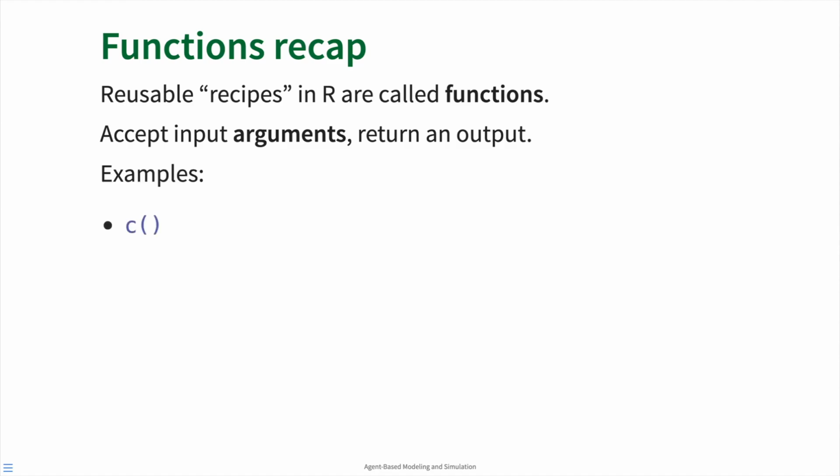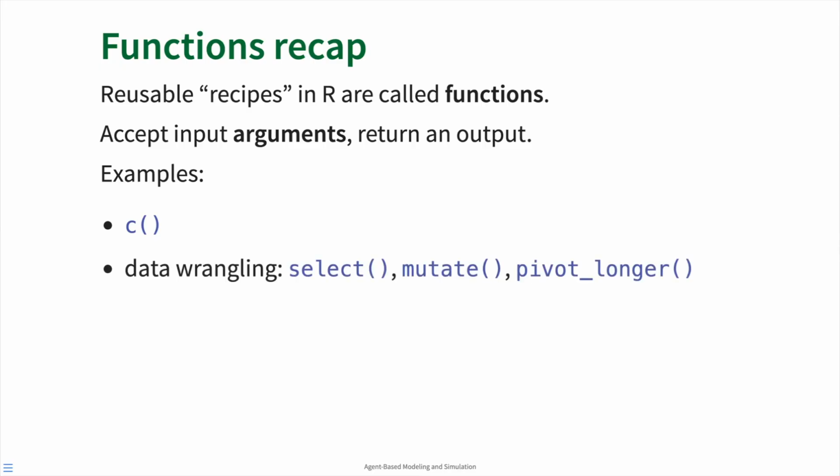Some examples of functions that we've seen are the c function, which creates a vector from the values that you pass as its input arguments. We've also seen a variety of data wrangling functions. Each of these takes in a data frame and some other arguments that specify how we wish to modify that data frame, and they return a new data frame that has those modifications.